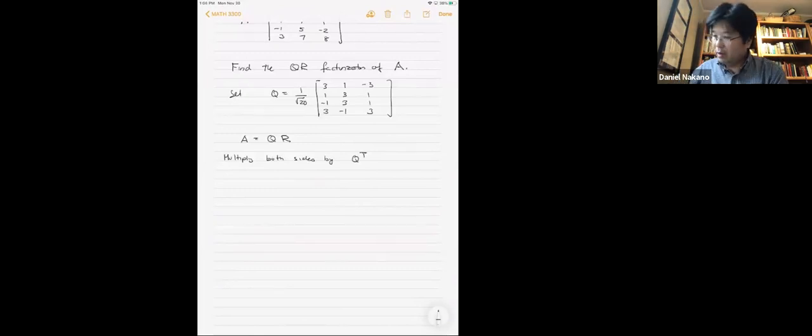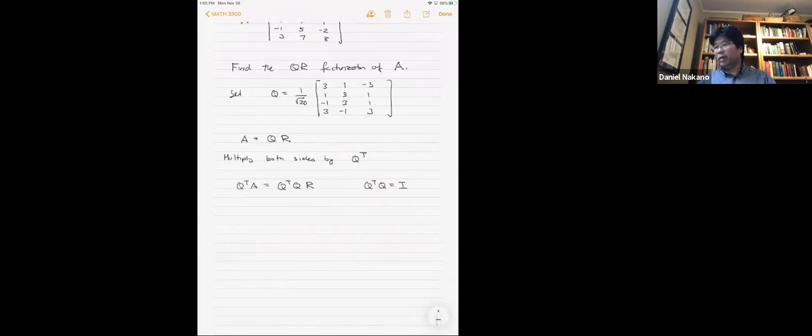Then when I take Q transpose A, this is equal to Q transpose Q times R. And it turns out that when I take Q transpose Q, I do get the identity matrix.